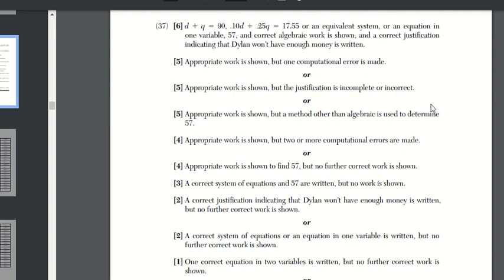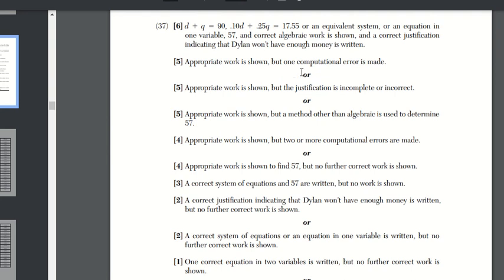So to get the 6 points, it shows that we have both equations written. 57 is our answer for quarters with work shown and a statement saying Dylan will not have enough money. So see how it says Dylan won't have enough money is written. That's necessary for the 6 points.